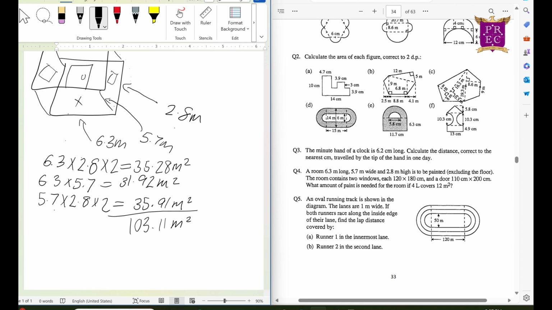We need to exclude the windows and the door. So the windows are 120 by 180 centimeters. We can convert them into meters first. So 1.2 times 1.8 times 2, because there are 2 windows, which gives us 4.32 square meters.